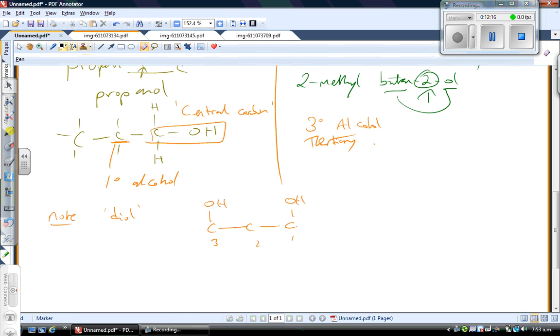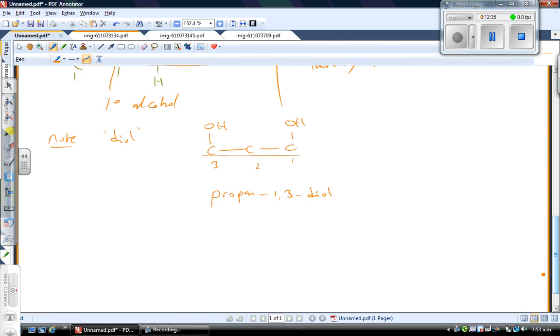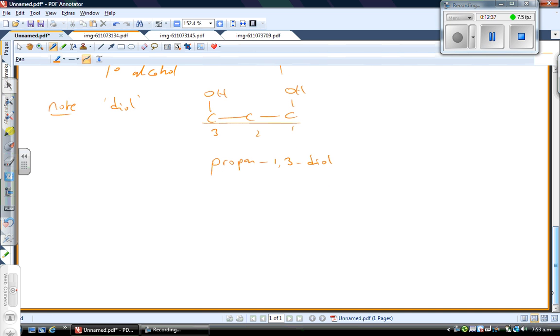So if it's a diol, it would be, in this case, propan. So it's 3 carbons, so propan, indicate the position of both OH groups, so 1, 3 diol. So propan-1,3-diol, that's how you would name that one. So sometimes you get diols just thrown in there to test you guys out.